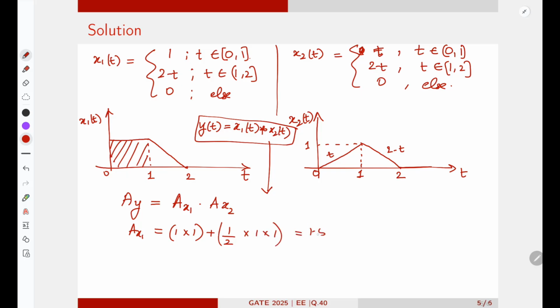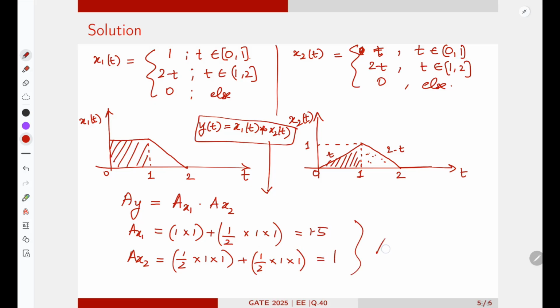Similarly, area under x2 is half into 1 into 1 and another half into 1 into 1, which is nothing but 1.